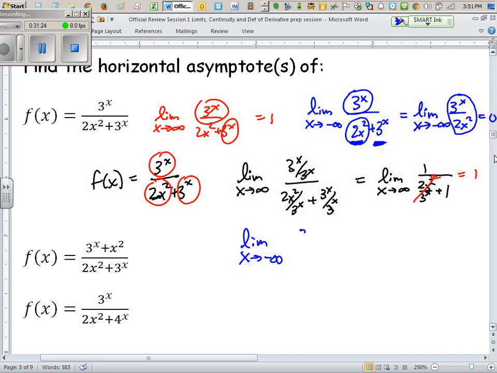Only this time, who's the dominant term out of all three? Who's the dominant term when x is going to negative infinity? 2x squared, right? So he would divide this by 2x squared, divide this by 2x squared, divide this by 2x squared, and he would get this problem.